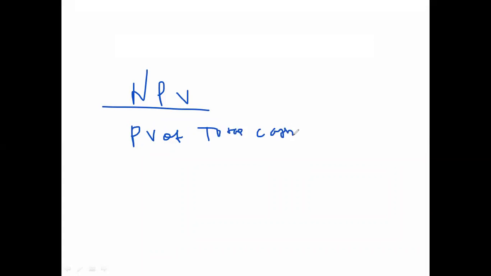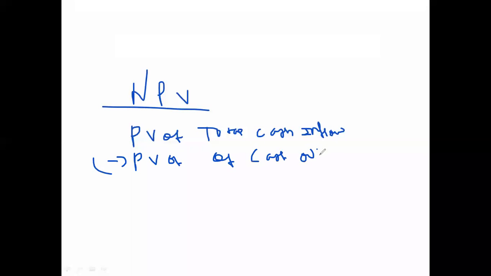See, NPV, net present value, is the difference between the present value of total cash inflow less the present value of cash outflow.